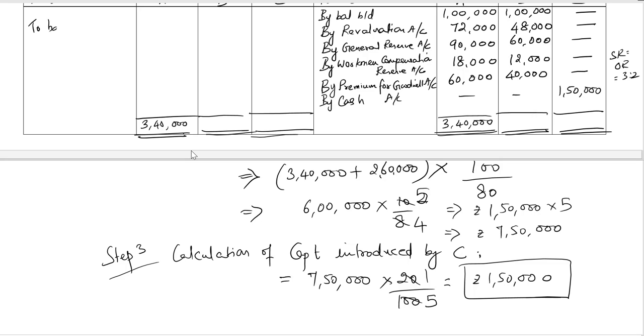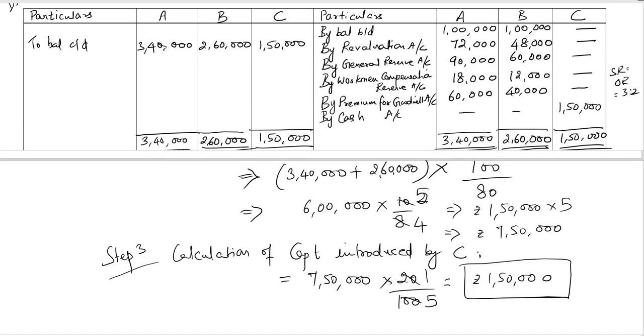The balance carried down is also 3,40,000. In the case of partner B, the greater total 2,60,000 rupees. Balance carried down is also 2,60,000 rupees. And in the case of partner C, greater total 1,50,000 rupees. Balance carried down is also rupees 1,50,000. So these are the partners' capital accounts.